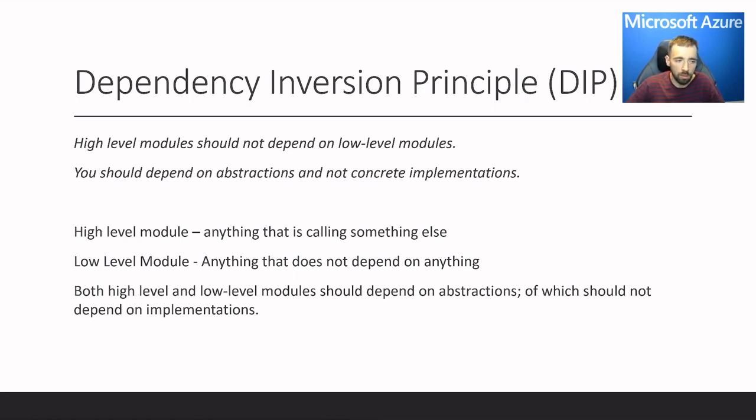A low-level module is anything that does not depend on anything. So both high-level and low-level modules depend on abstractions, which should not depend on implementations. So this is dependency inversion principle, and it will come up later as we look at some of the other architectures.